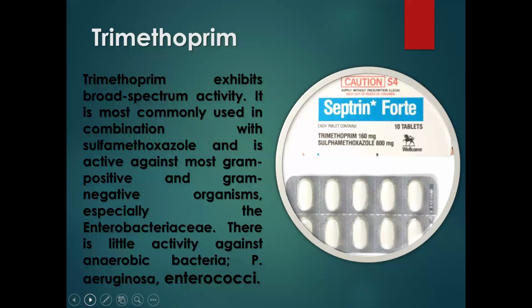There is little activity, as records and scientific research prove, against bacteria such as P. aeruginosa and Enterococci. That means it cannot really function well in prevention of diseases that are caused by P. aeruginosa and Enterococci.